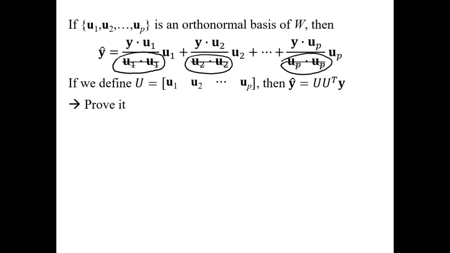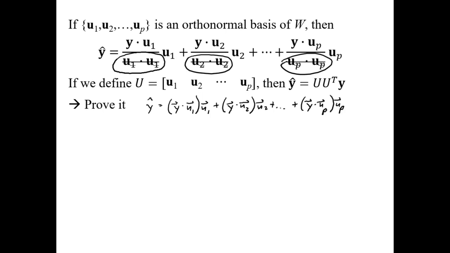Okay. Now let me rewrite this a little bit more here. Y hat is equal to y dot U1 times U1 plus y dot U2 times U2 plus dot dot dot plus y dot UP times UP.